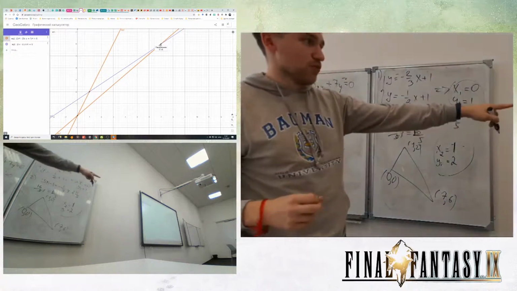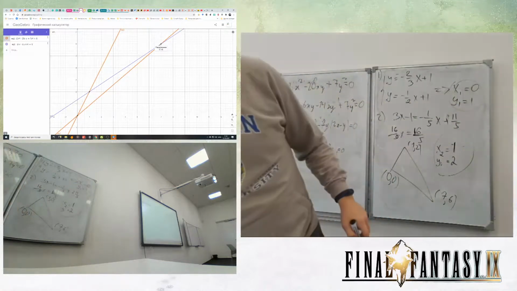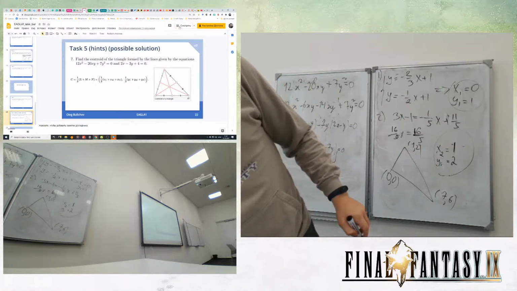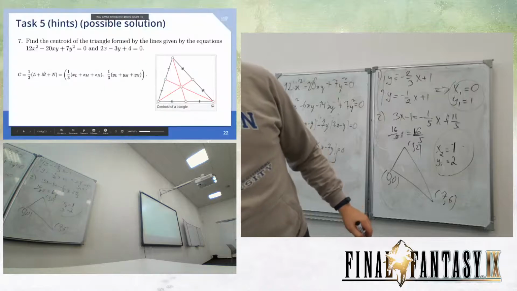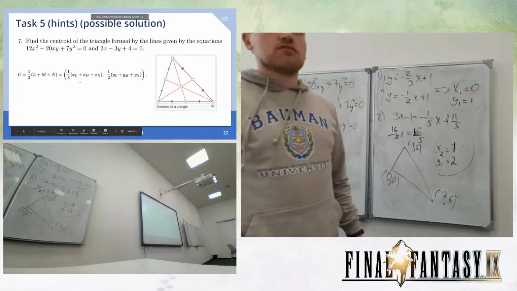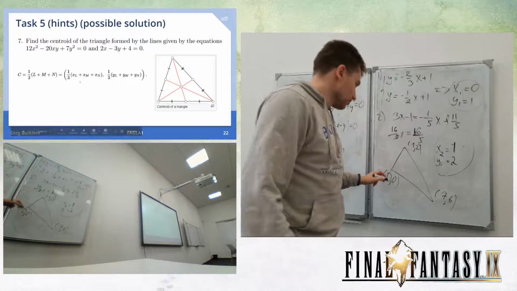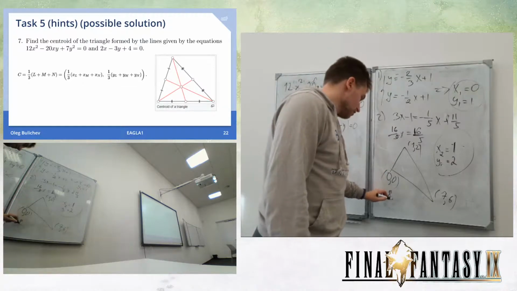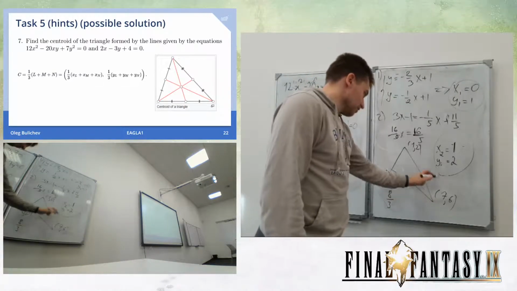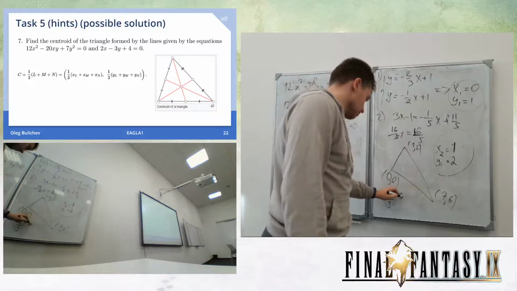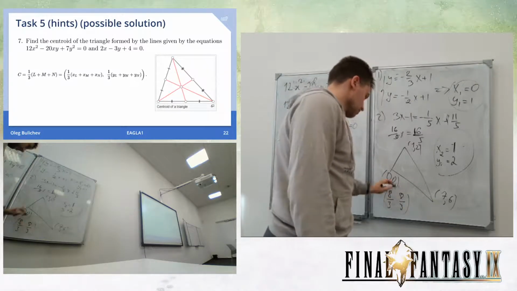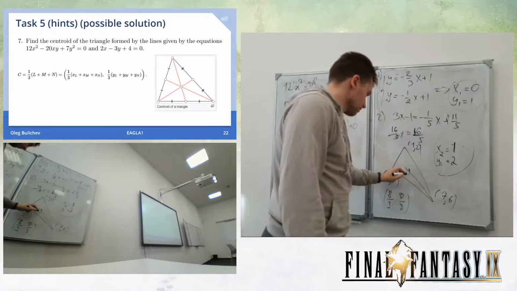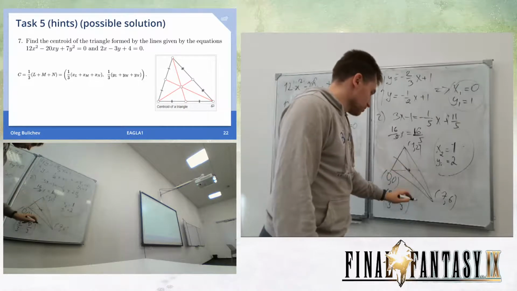And after that, I need to put it in this equation, in this one. So what does it mean? L, M, and N? Point. Yes, it's points. So it will be 8 divided by 3 and 2, 6, 8 divided by 3. So I solved this task.